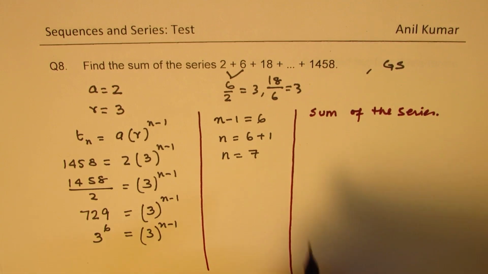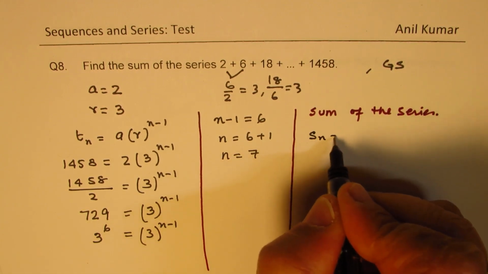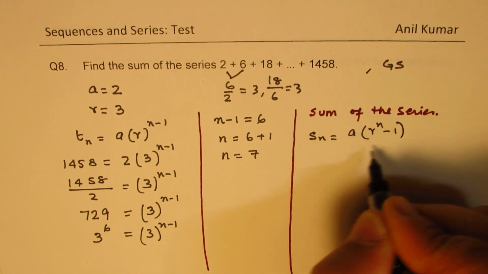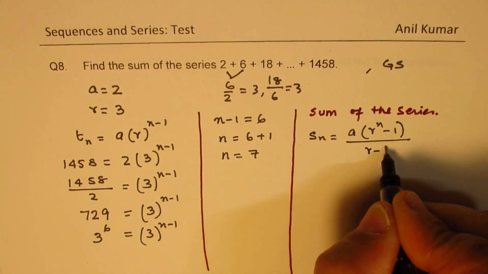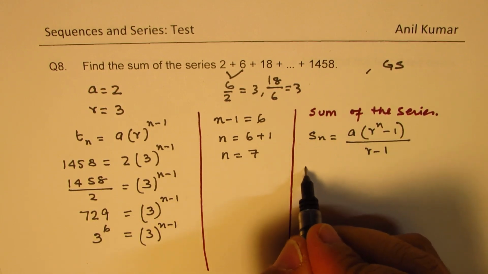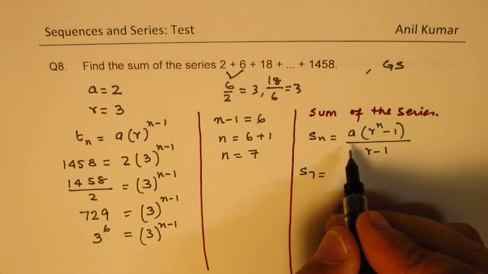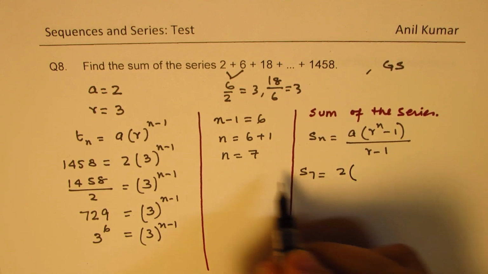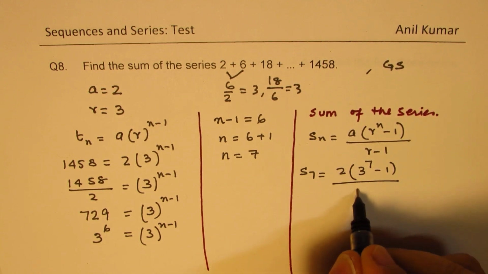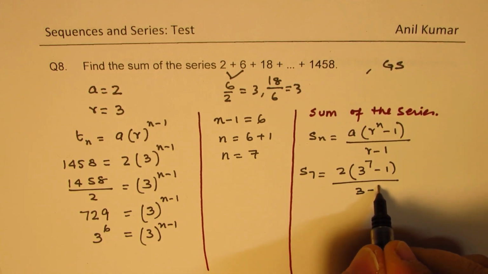The formula for the sum of the series is Sn equals a times (r to the power of n minus 1) over (r minus 1), right? So we want the sum of 7 terms, S7. a is given to us as 2, r is 3, right? So 3 to the power of 7 minus 1 over 3 minus 1, correct?